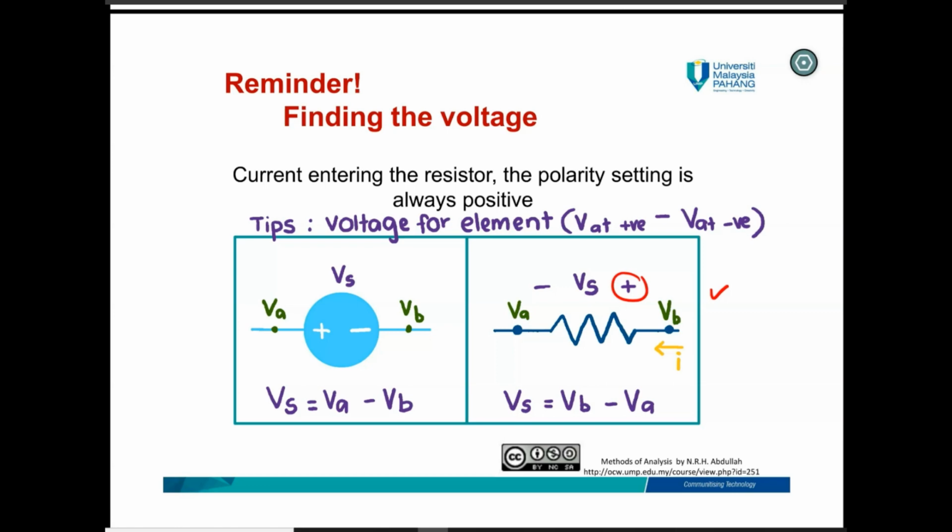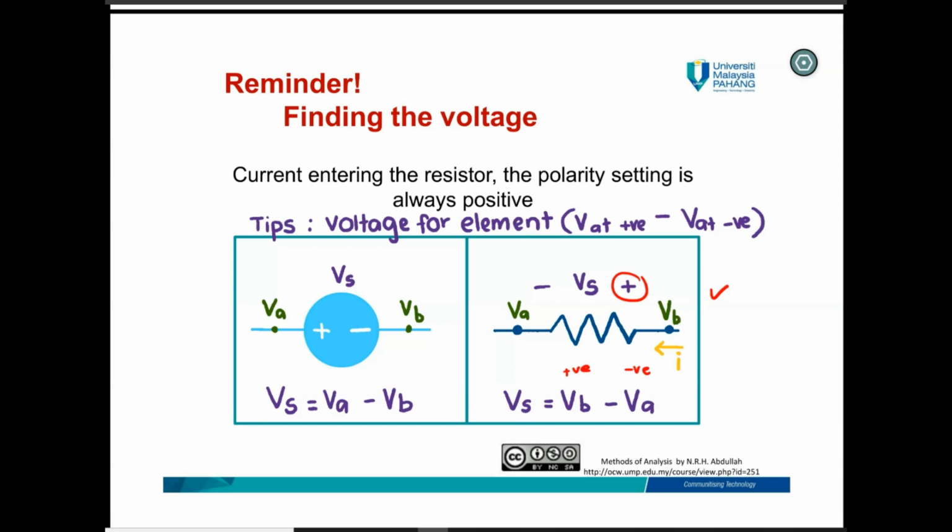The voltage for the resistor, Vs, is equal to the potential voltage at Vb minus the potential voltage at Va, which is the voltage at the positive side minus the voltage at the negative side of the resistor.